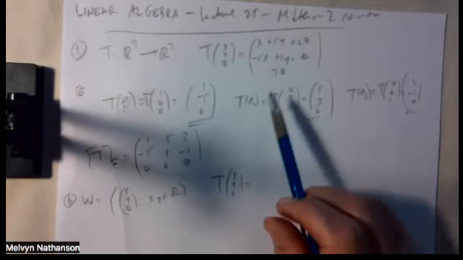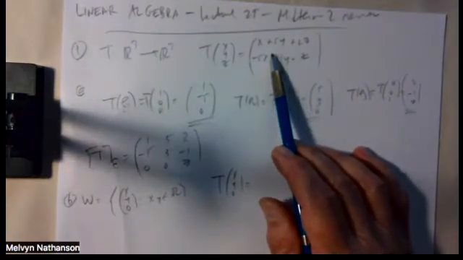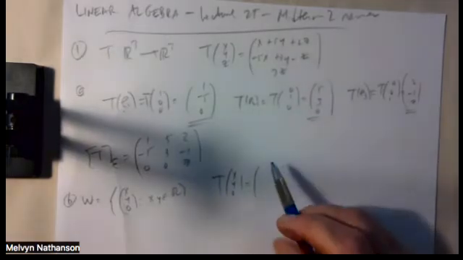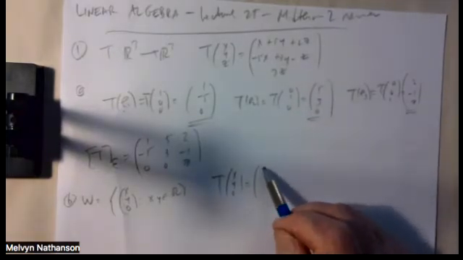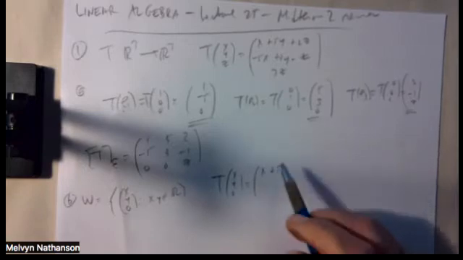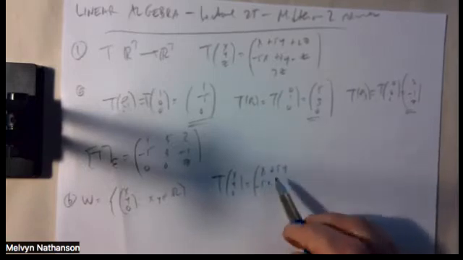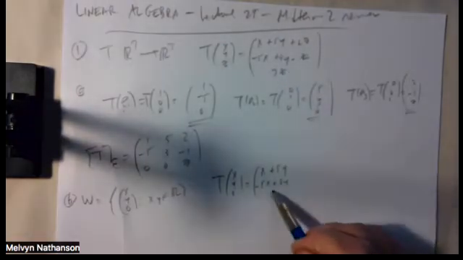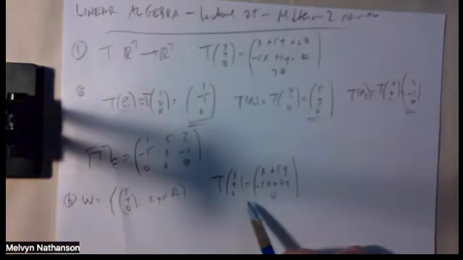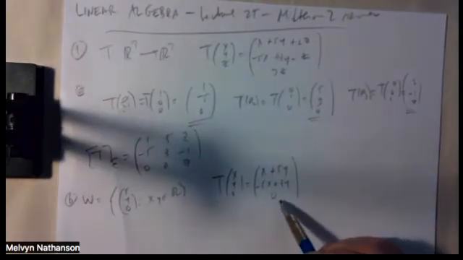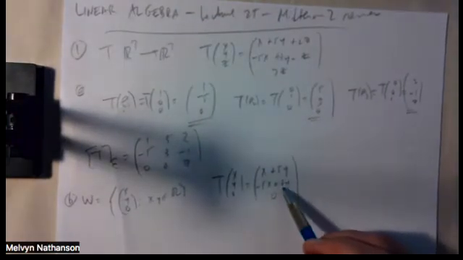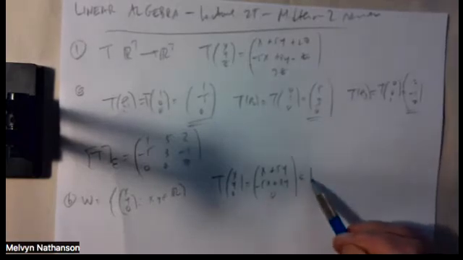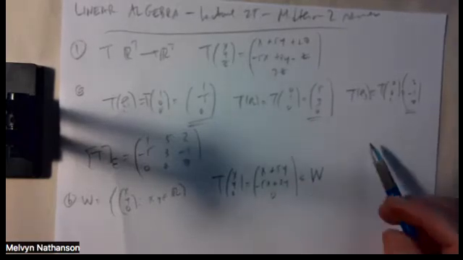So when you let x and y be whatever they are, and z equals 0, you get the vector x plus 5y, minus 5x plus 3y, and when z is 0, this is 0. So this vector, whatever its first two components are, the third component is 0. So this vector is in W.